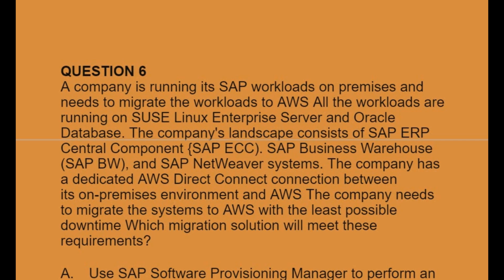The company has a dedicated AWS Direct Connect connection between its on-premises environment and AWS. The company needs to migrate the systems to AWS with the least possible downtime. Which migration solution will meet these requirements?